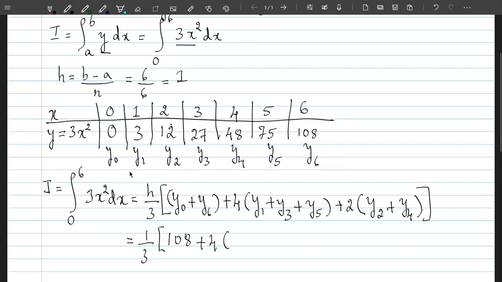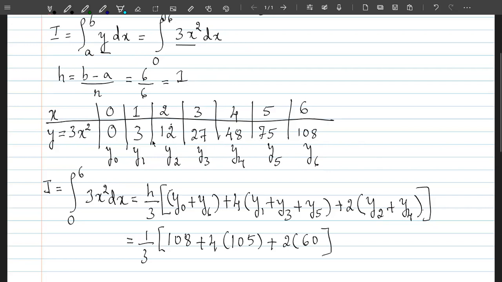Y1 is 3, added with y3, which is 27, so 3 plus 27 is 30. 30 plus y5, that is 75, so 30 plus 75 is 105, plus 2 into y2 plus y4. Y2 is 12 plus y4, which is 48. 48 plus 12 will be 60.